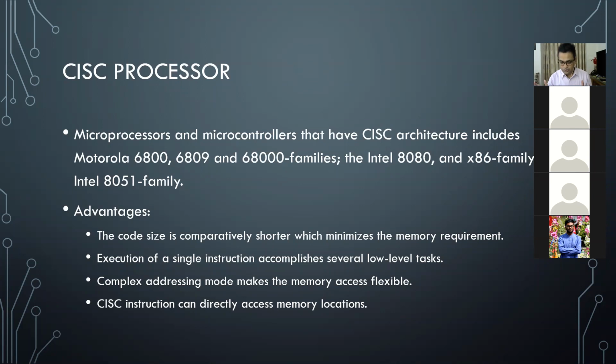Generally, the RISC processor uses the registers of the microprocessor, but the CISC processor uses the memory location. We will also discuss the difference between CISC and RISC very soon, so please wait. Another last advantage is that a CISC instruction can directly access the memory location, because the CISC processor, as I said, is using the memory location. So these are all the advantages.